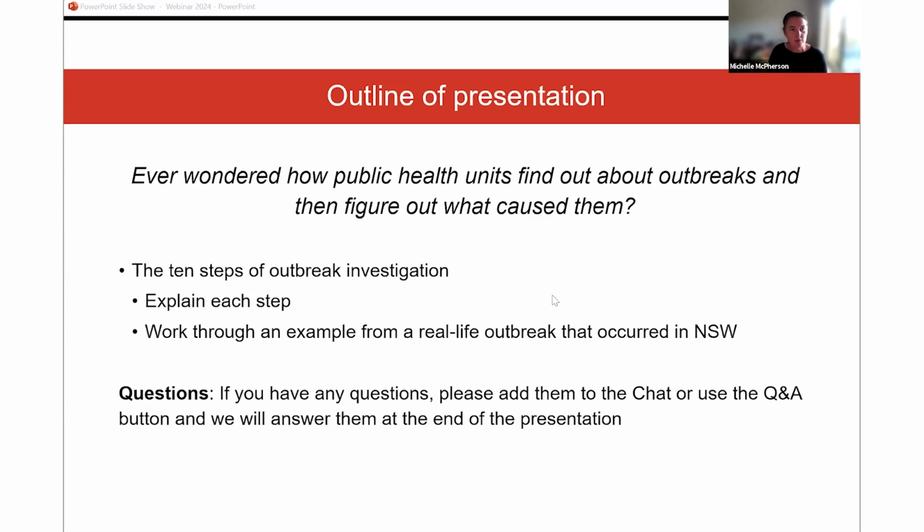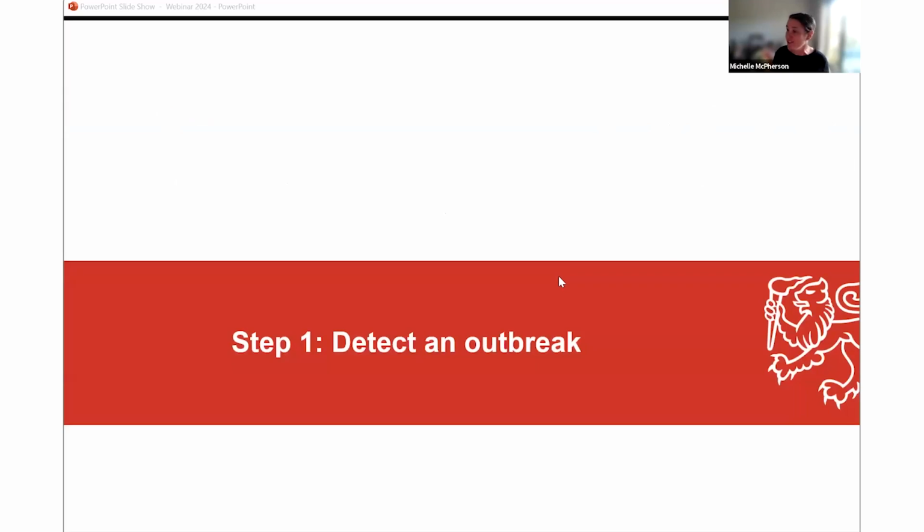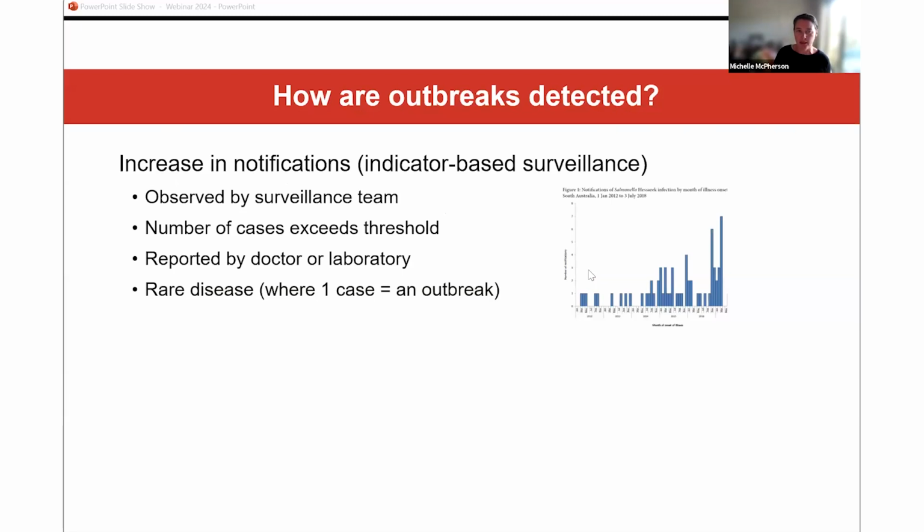Moving on to the 10 steps of an outbreak investigation. The first step is obviously to detect an outbreak, so to actually find out about a potential outbreak. There are two main ways that we find out about an outbreak. The first one is by monitoring our surveillance data and seeing if there are any increases in notifications.